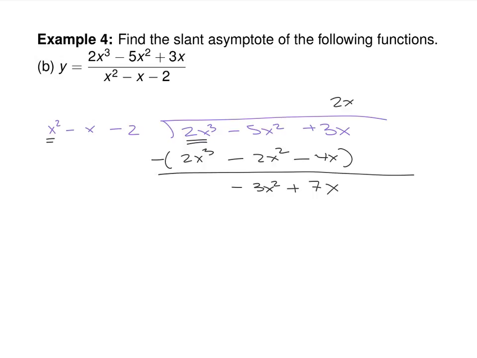All right, what would you multiply x squared by to make it match negative 3x squared? Negative 3, very good. So negative 3x squared plus 3x minus, nope, plus 6. Take away, and you get 10x. No, you don't get 10x, I lie. You get 4x plus 6.